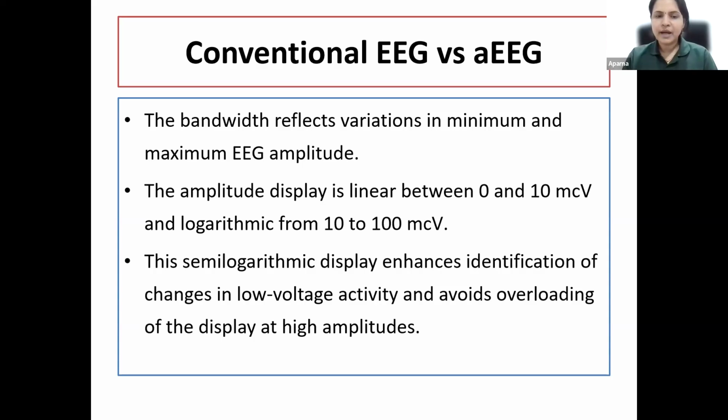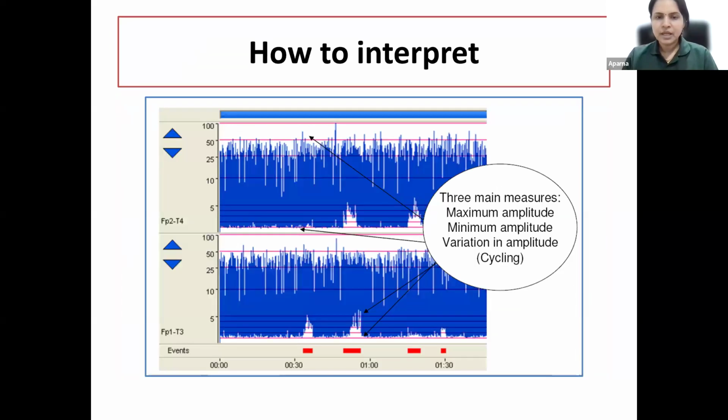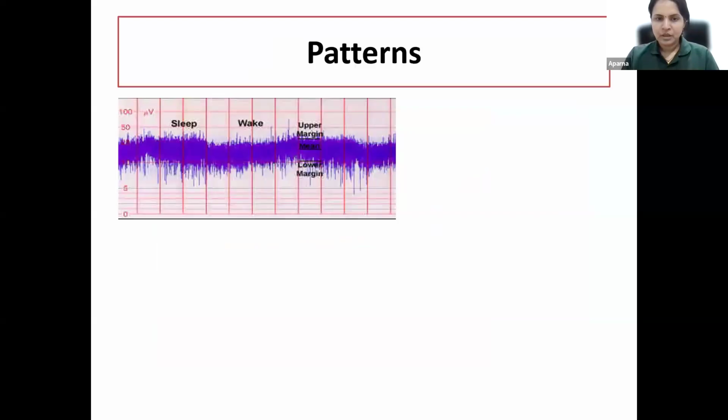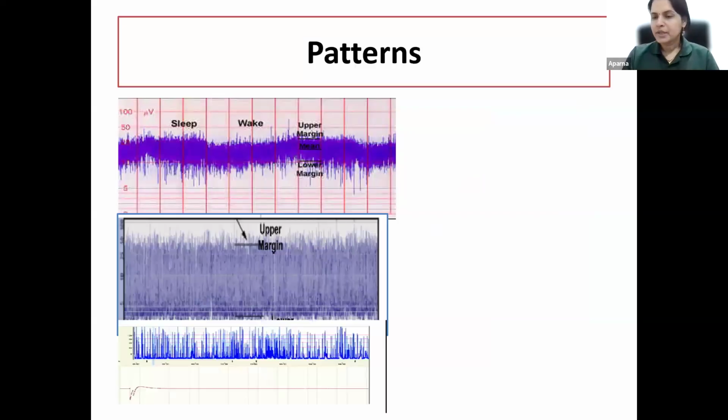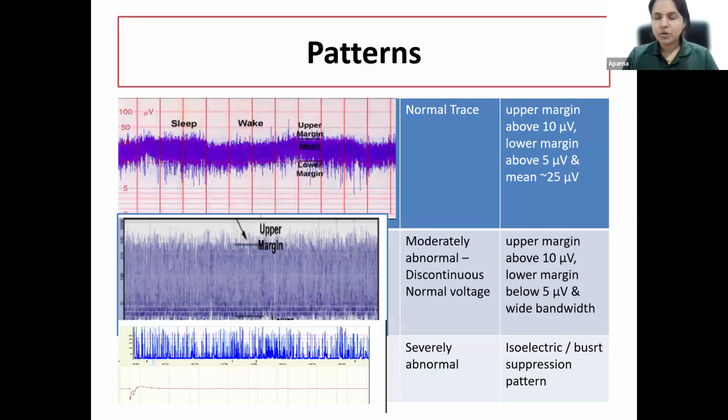Semi-logarithmic display enhances the identification of changes in low voltage activity and avoids overloading of the display at high amplitudes. So these are the 3 important measures in EEG. It measures the minimum and the maximum amplitude of the display, as well as the variations in amplitude, which is called cycling.